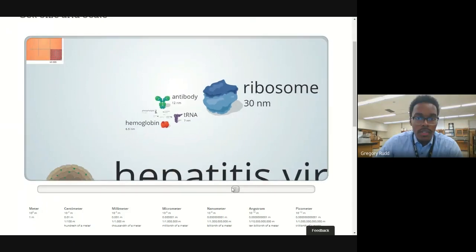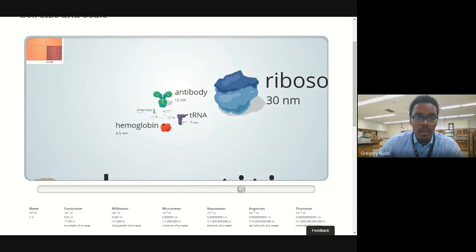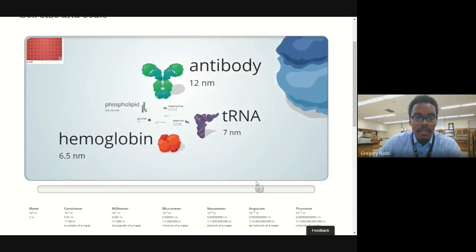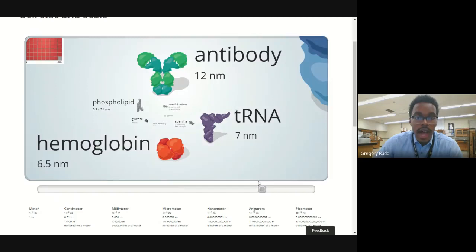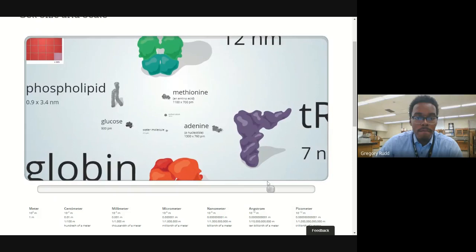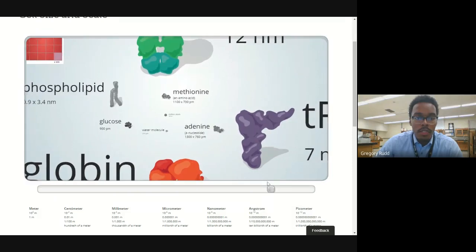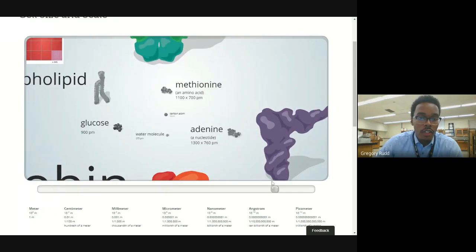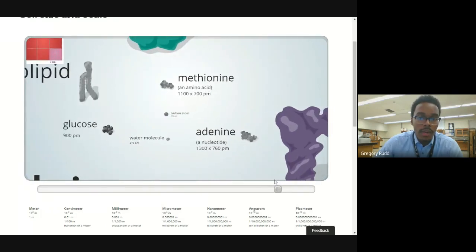We're going to talk about ribosomes today. They are a very important cellular organelle. Hemoglobin is the protein in your blood that allows you to carry oxygen. Okay, there's a phospholipid. You've heard of phospholipids before. There's glucose, 900 picometers, pm, picometer.